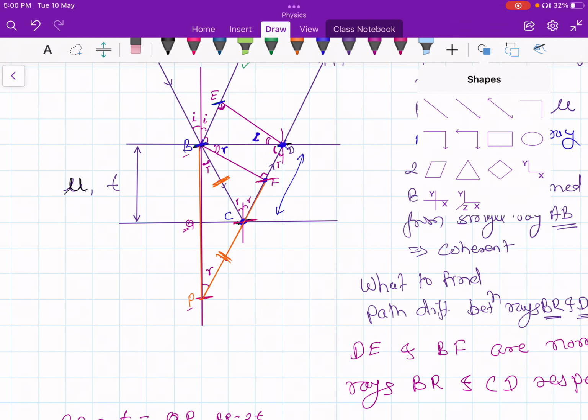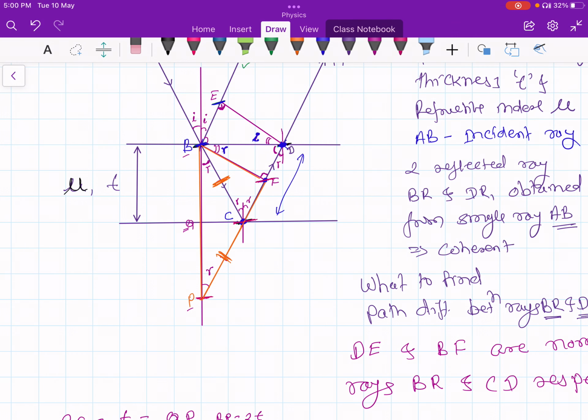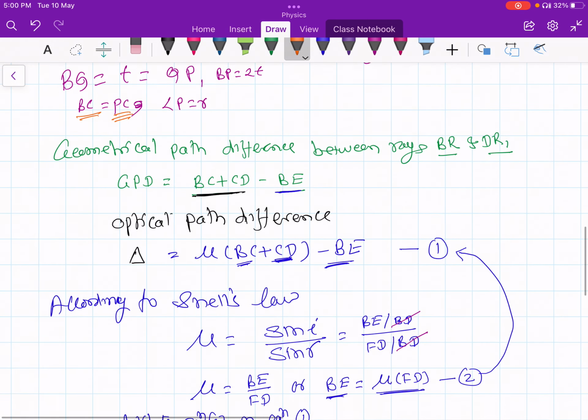This triangle I am considering, and this angle is r over here. So if this is r, what would be cos r? Cos r is PF upon PB. So let us write that.